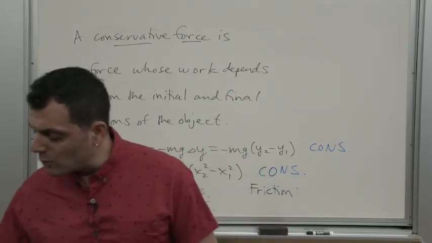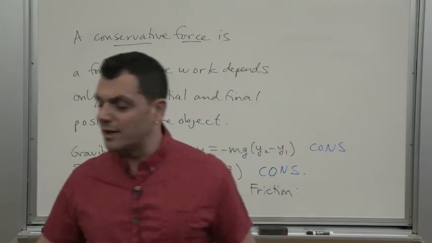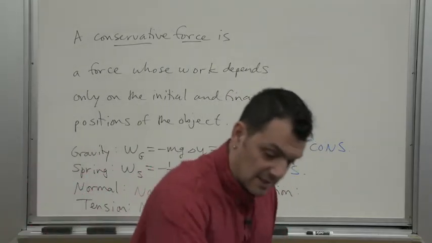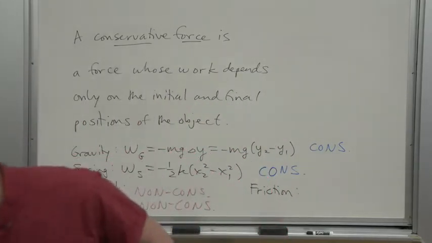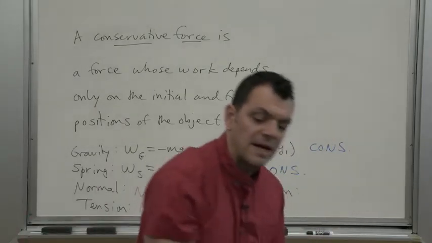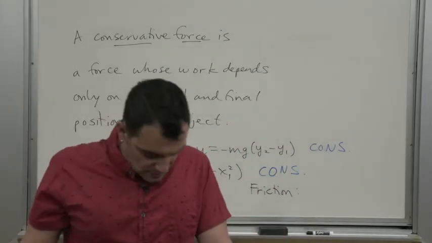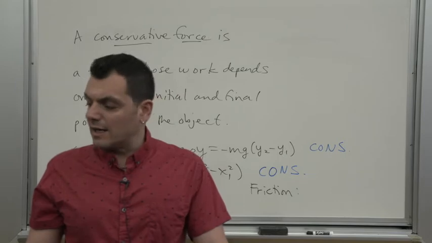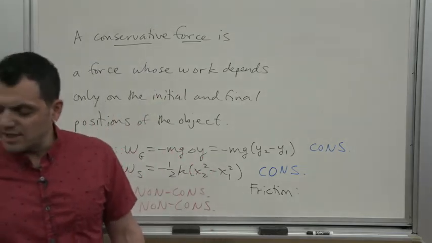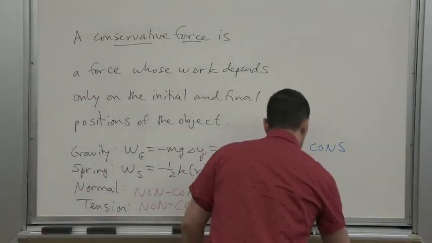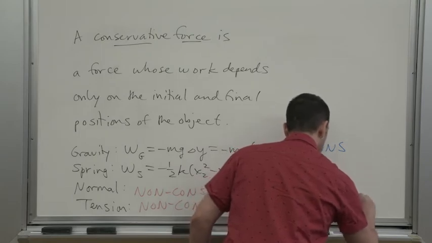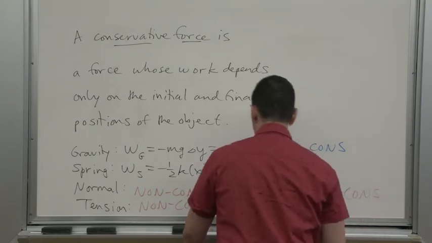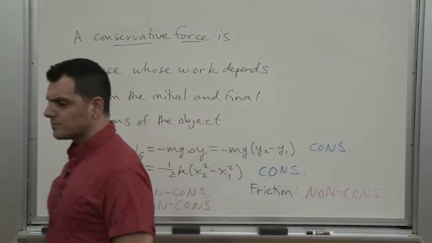So I'm going to get one value if I go this way, another value if I go this way, another value if I go all the way around and back. So the point is that friction is a non-conservative force.